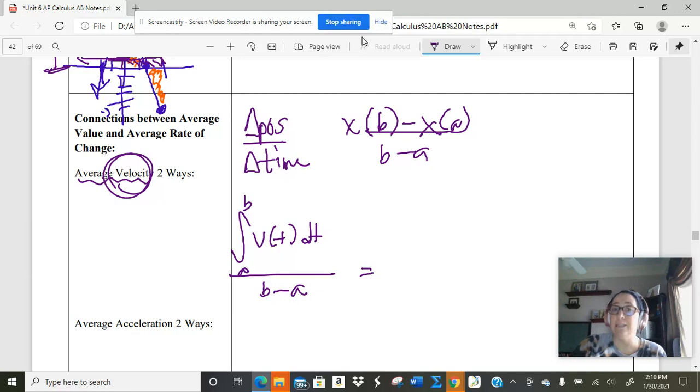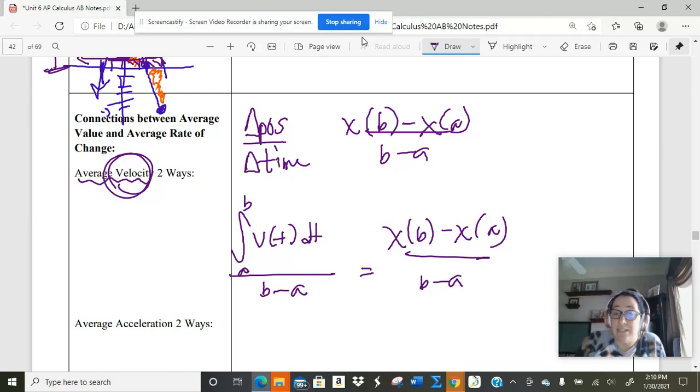Because this is the change in position over the change in time. It is the exact same thing as what we've already learned, maybe back from pre-calculus days, but definitely from earlier chapters here.